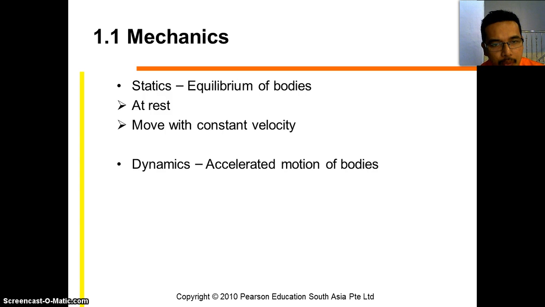But when dealing with the second law, force equals ma, where a is acceleration, when there is constant velocity, acceleration becomes zero, so force equals zero. So when the total resultant force applied on that particular object or body equals zero, the object doesn't accelerate. It's actually the static equilibrium of a body. So we have two principles: first, at rest; second, moving but with constant velocity. And in dynamics, we learn about the accelerated motion of a body.